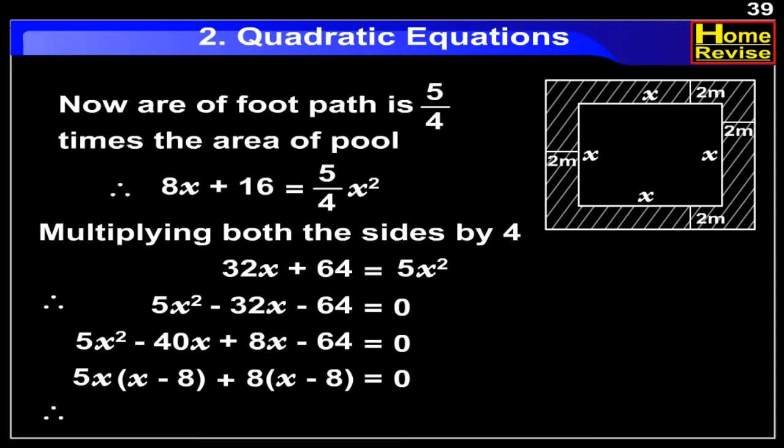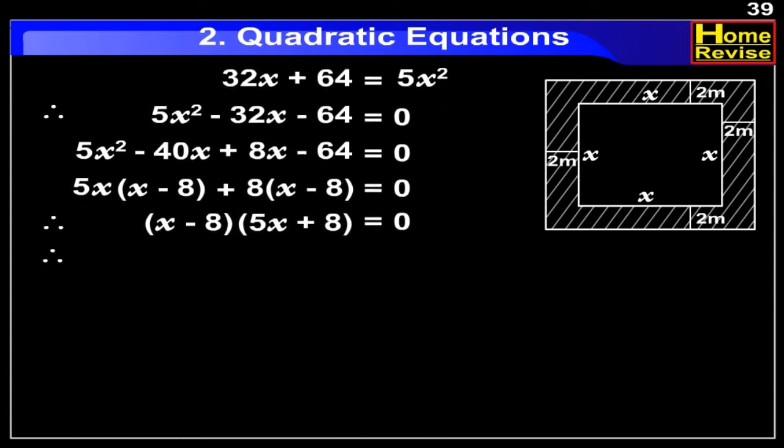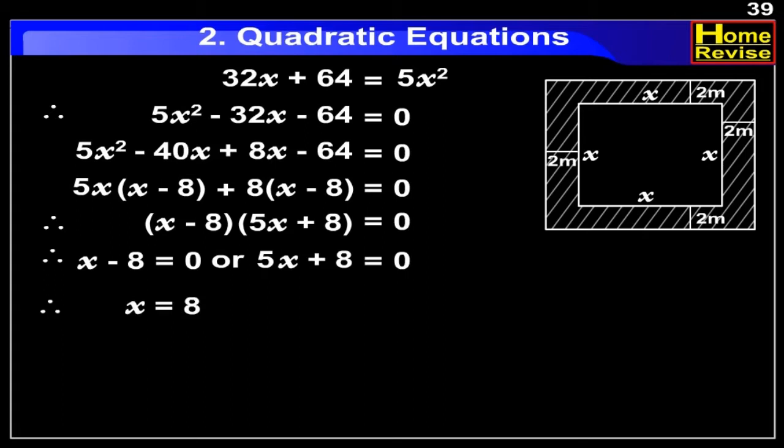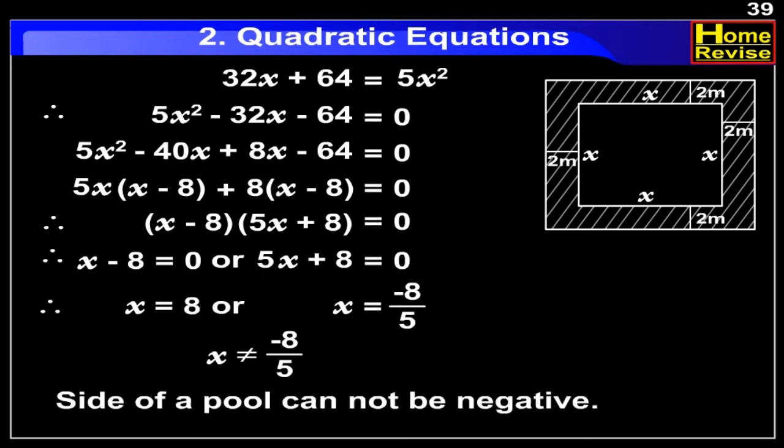Therefore, x minus 8 into 5x plus 8 is equal to 0. Therefore, x minus 8 is equal to 0, or 5x plus 8 is equal to 0. Therefore, x is equal to 8, or x is equal to minus 8/5. Here, x cannot be equal to minus 8/5, as the side of pool cannot be negative.